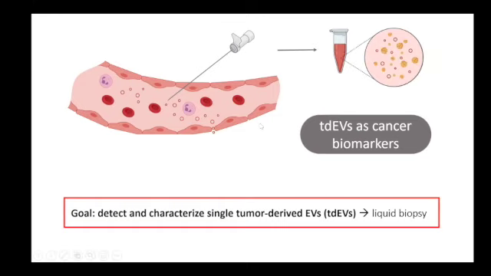One of the main problems is that in the plasma, there are many other particles that overlap in size and density with vesicles. These are, for instance, lipoprotein particles, and they are a lot more abundant than the vesicles, and even more than the tumor-derived vesicles.